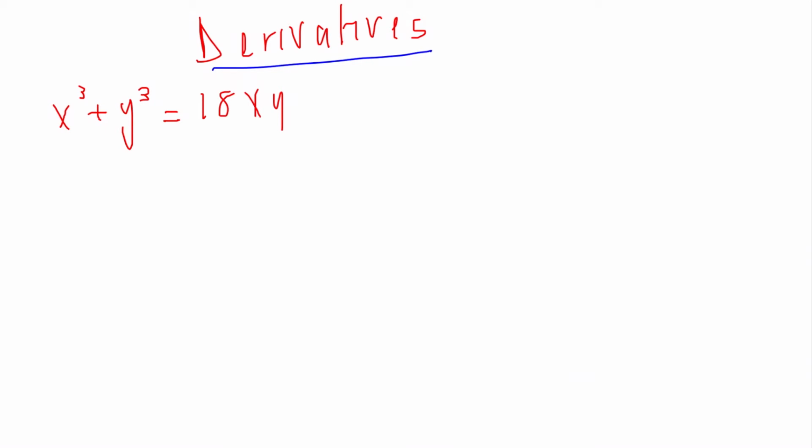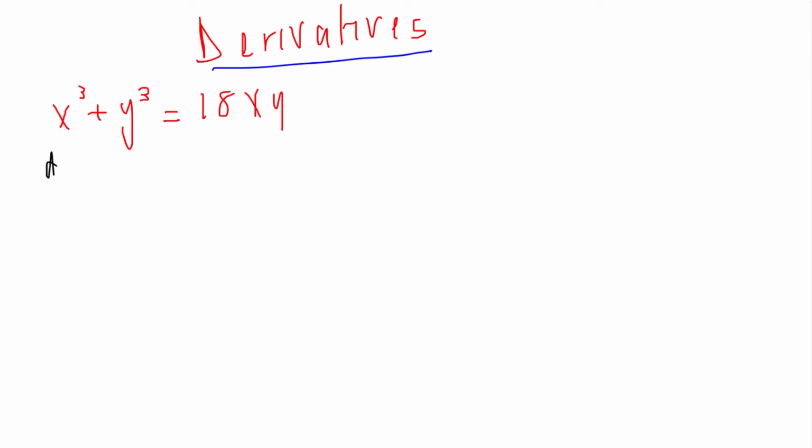I think the easiest way I understand is implicit differentiation, just like the way I showed you in the previous video. In case you didn't watch, we just had another example of implicit differentiation. The way to do it is to differentiate everything with respect to x.